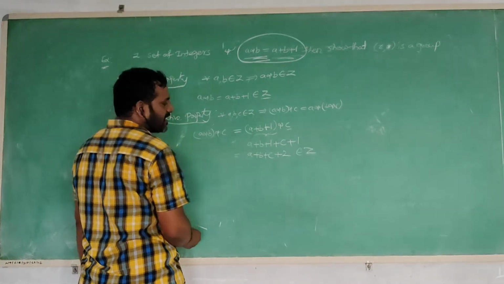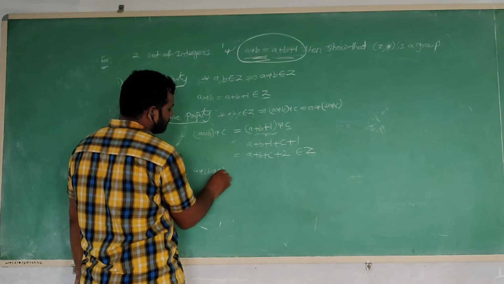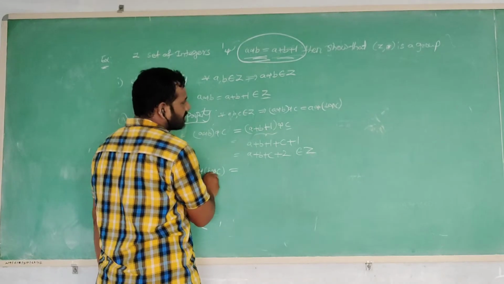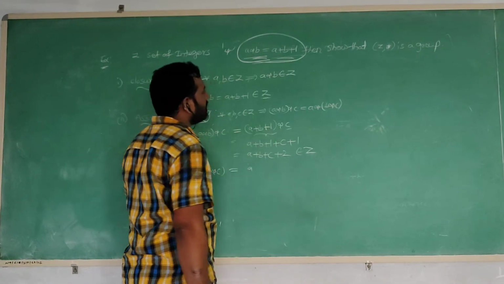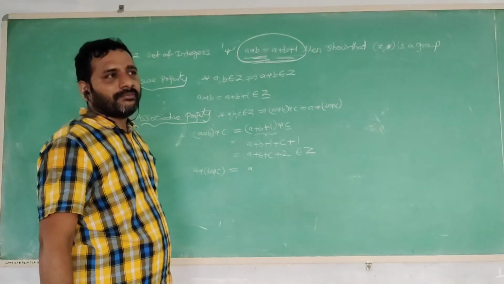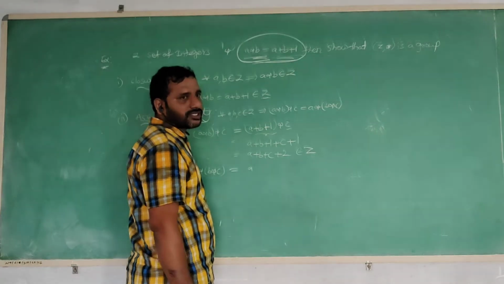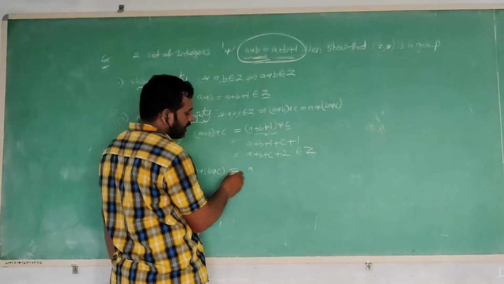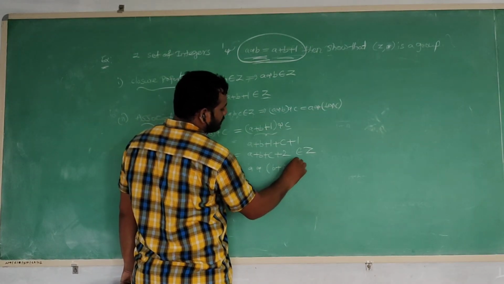Now I am taking the RHS: a * (b * c). The operation star is defined by a * b equals a + b + 1. Now b * c can be written as b + c + 1, so a * (b + c + 1).